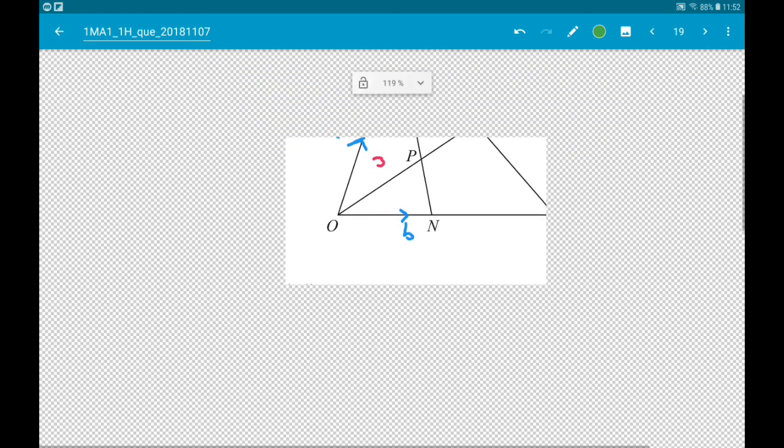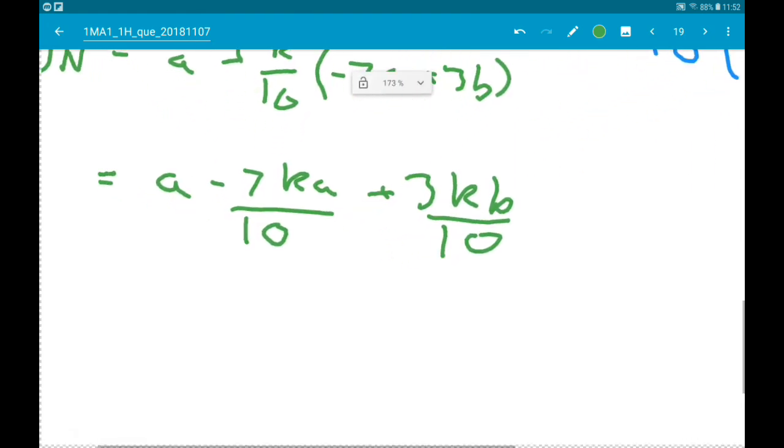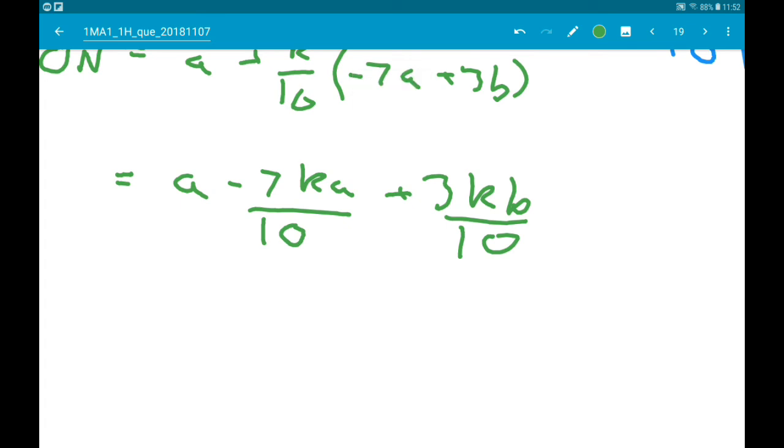So, we know then that A minus 7ka over 10 must equal 0, again because we want no A component.